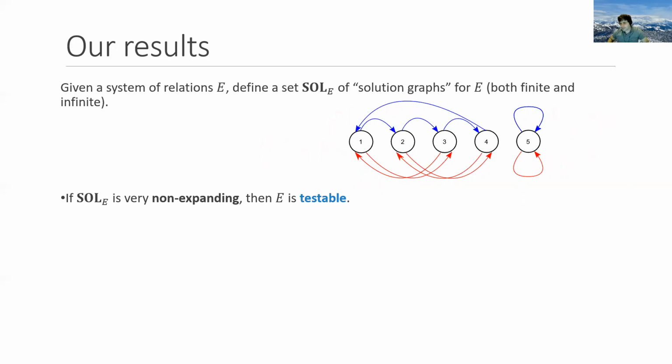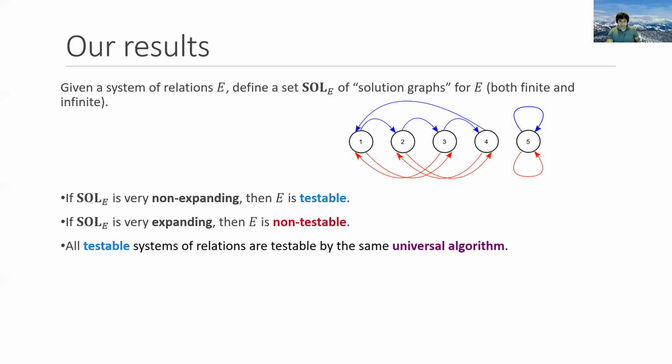Informally, our main positive result says that for any system of relations E, if the set of solution graphs Sol E is very non-expanding, then E is testable. On the other hand, our main negative result says the opposite. If Sol E is very expanding, then E is not testable. Next, we also show that there is a specific algorithm, more powerful than sample and substitute, which is universal.